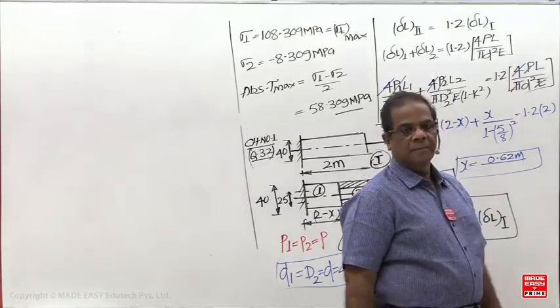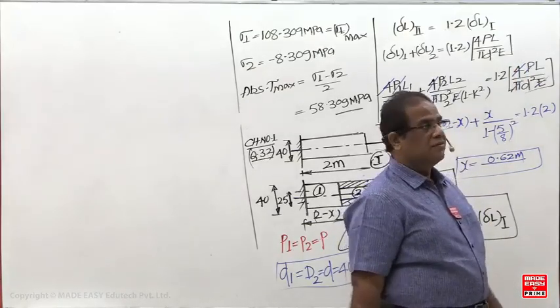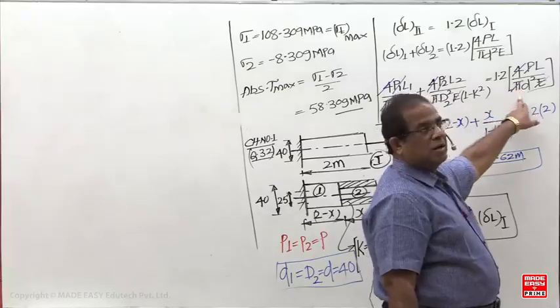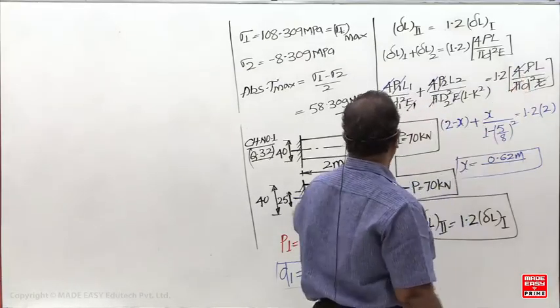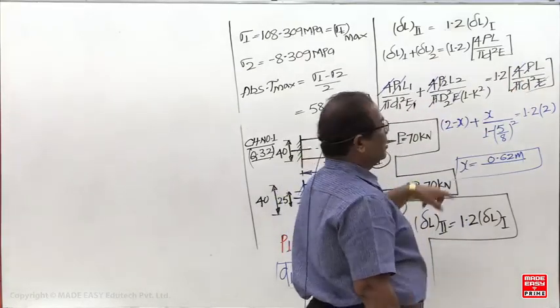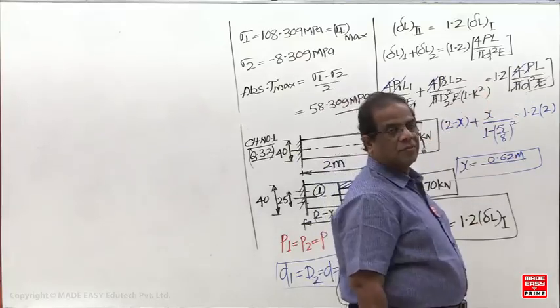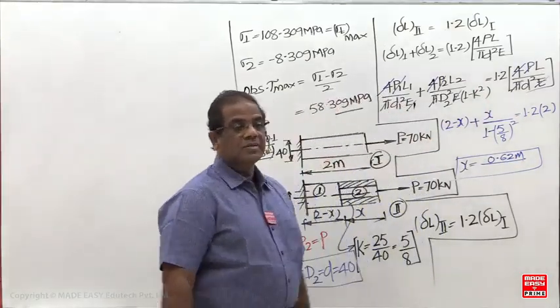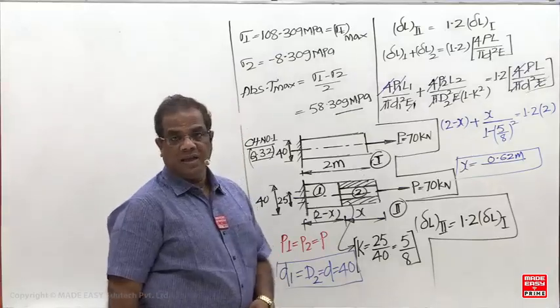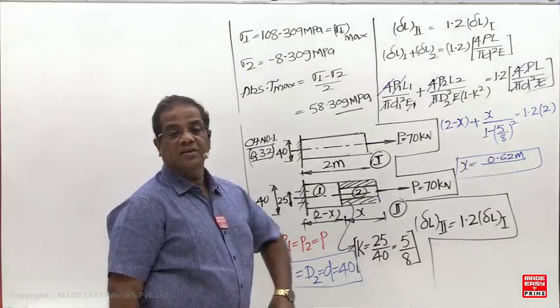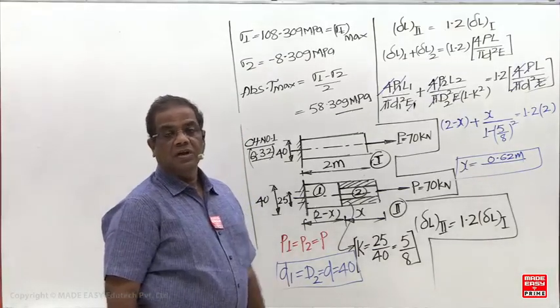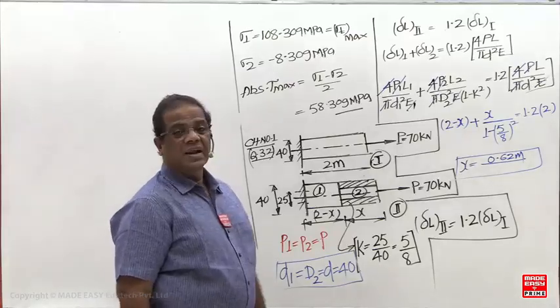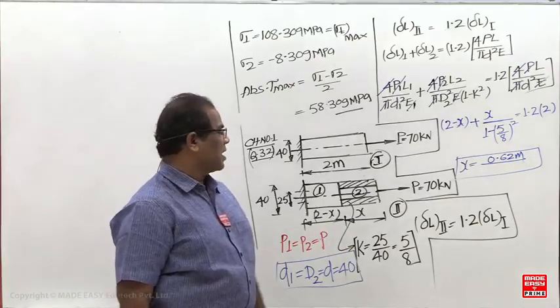Some students definitely do like this. So many times I mentioned getting the answer is not the criterion; getting the correct answer within less time is. So try to go for it. Wherever required, try to cut down the calculations.